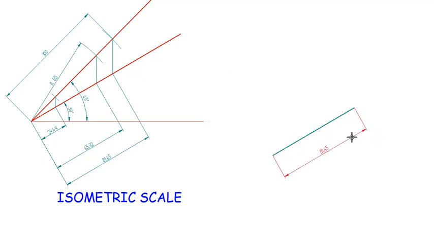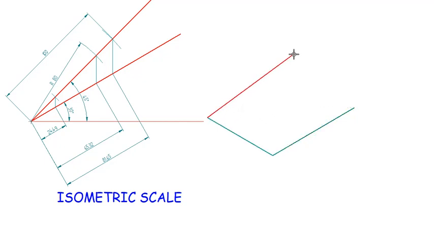This actual length is 81.65, but this is nothing but iso 100. Then similarly from here this length is 80, but we need to take it as 65.32.